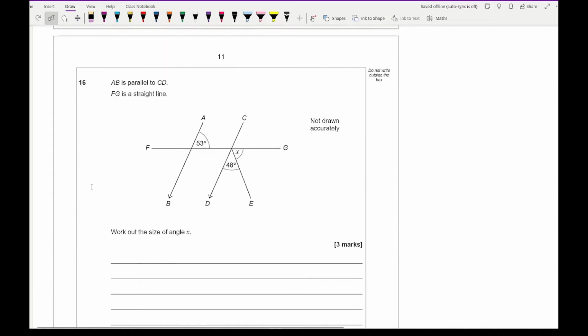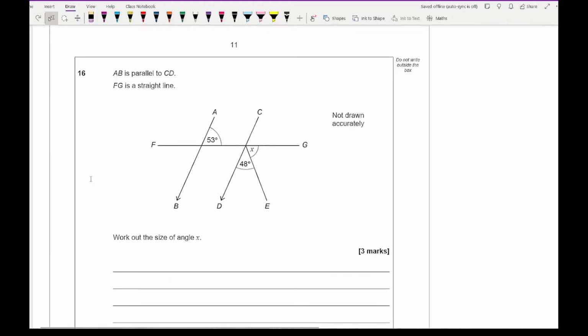Moving on to question 16, it says that AB and CD are parallel. FG is a straight line. Work out the size of angle X. So looking at this, we can see that this angle here is going to be 180 minus 53 because it's on a straight line, which gives me an angle of 127.